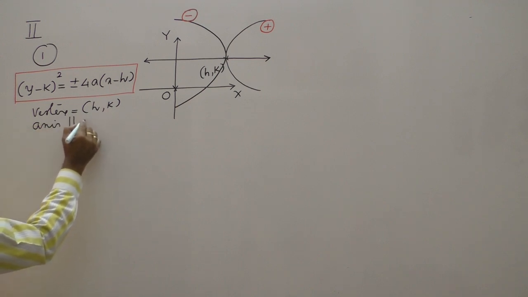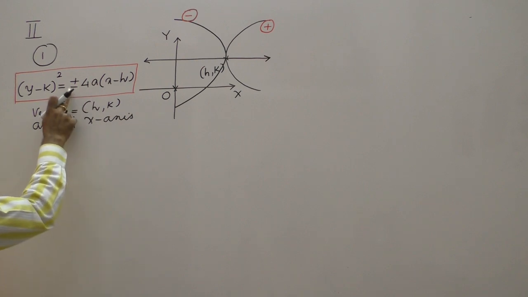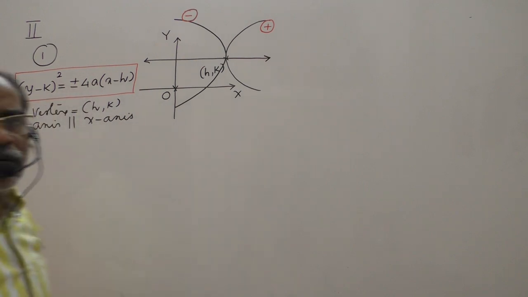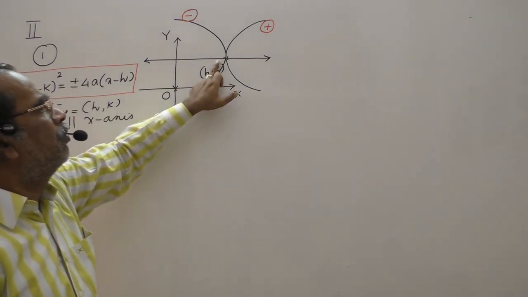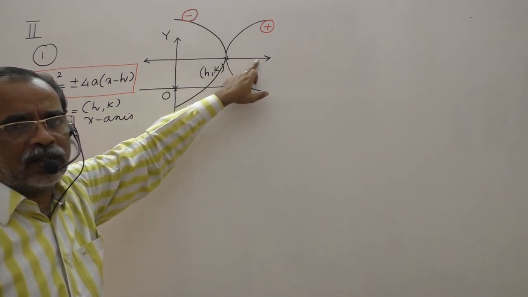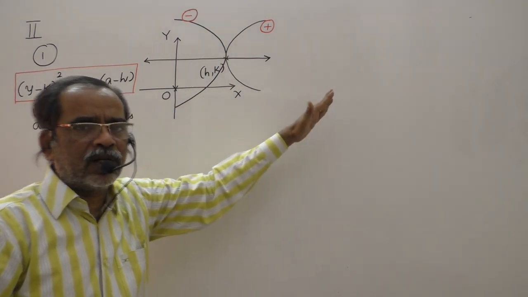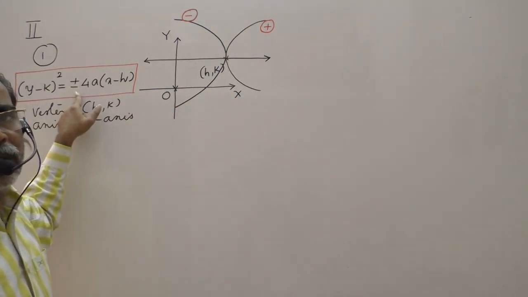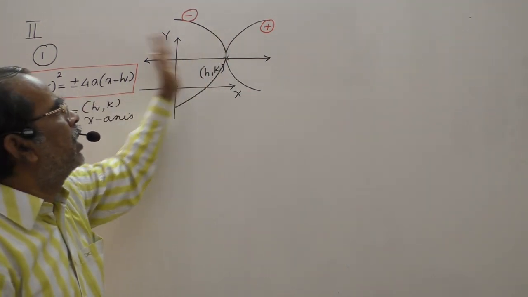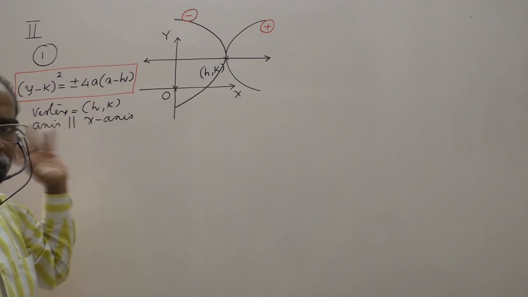Axis is parallel to x-axis. Then these are the equations. Point number 1. Here vertex is h comma k, axis is parallel to x-axis. If the parabola is bending on right side, then you should take plus here. If it is bending on left side, then you should take minus here.